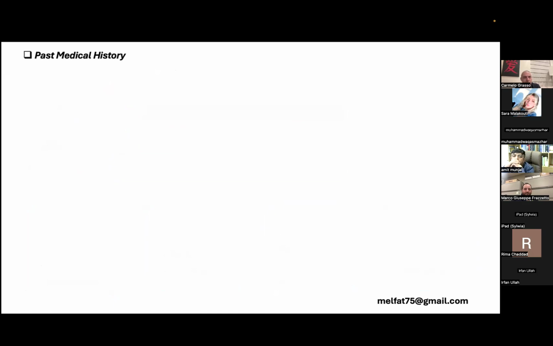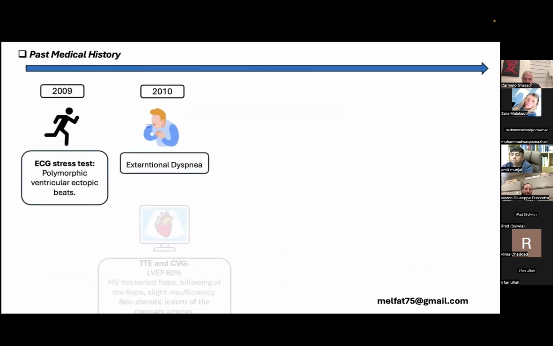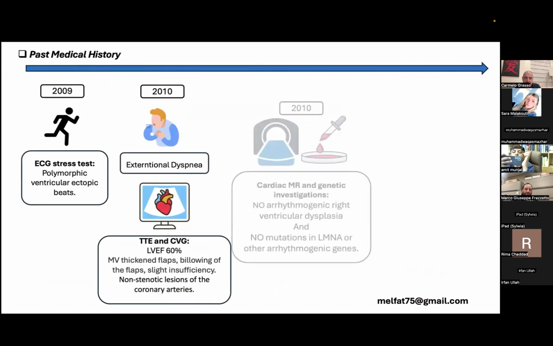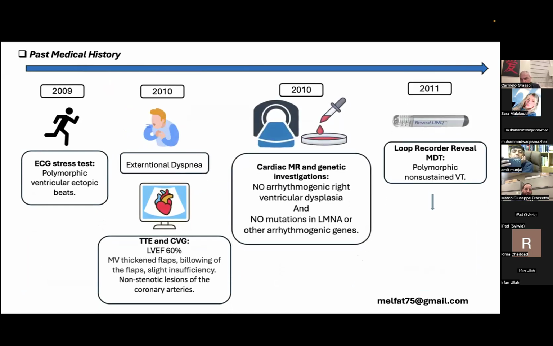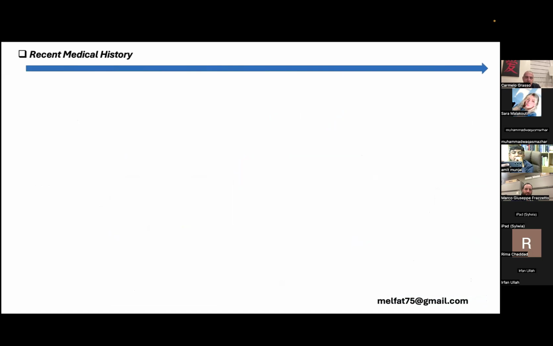So I will try to go a little bit faster, and I will skip the previous examination, because it was investigated with cardiac magnetic resonance because of arrhythmias in the past. This was the reason why he got an ICD.